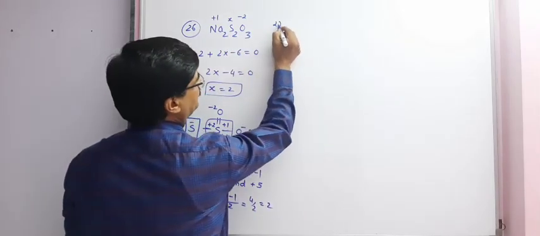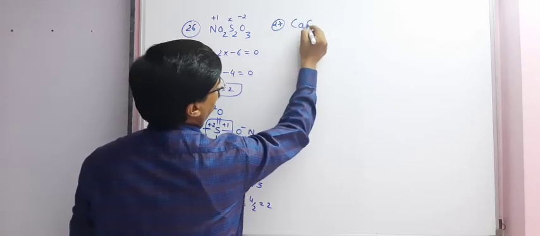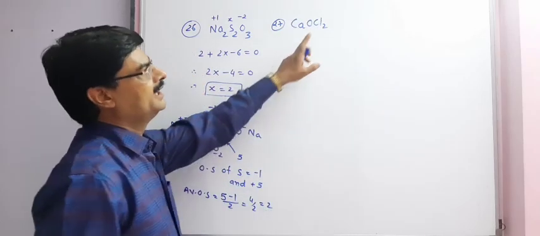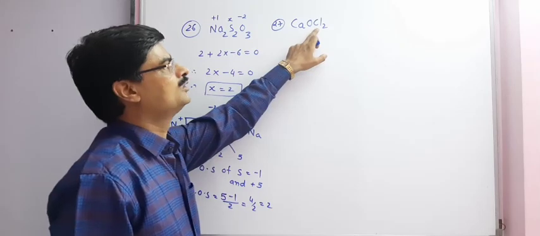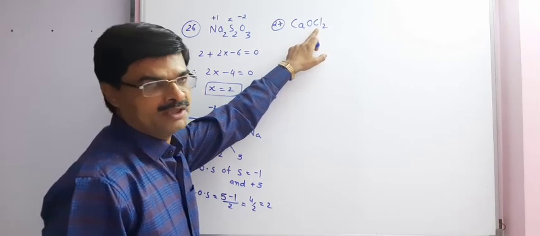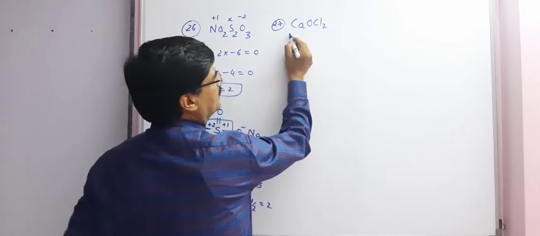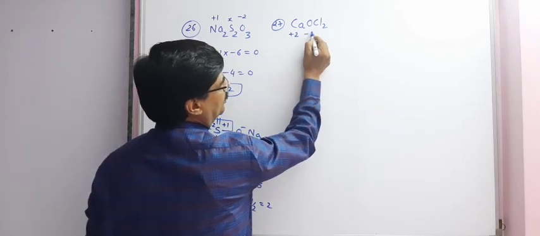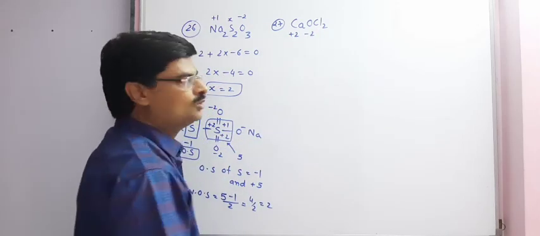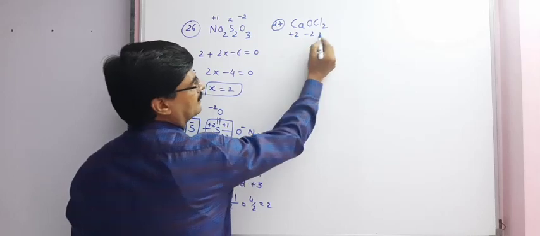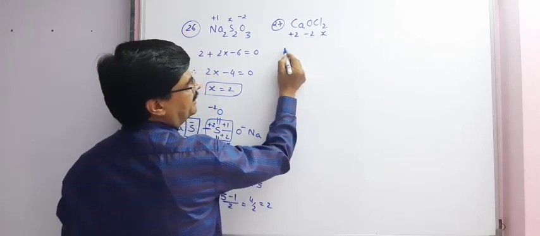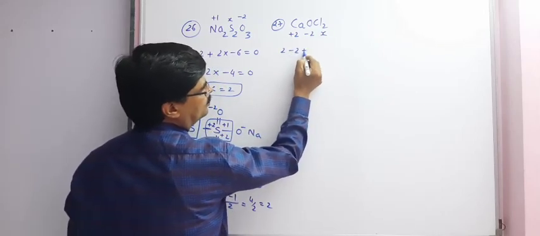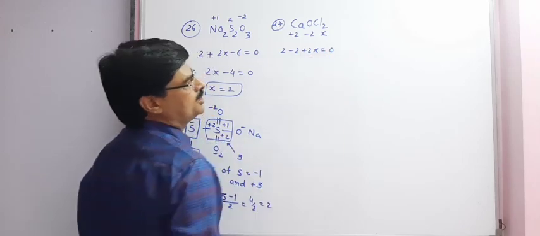Next case, CaOCl2, in which we have to find out the oxidation state of chlorine. By formula method, taking Ca as +2, oxygen as -2, what will be the answer? Say for chlorine X, 2 minus 2 plus 2x is equal to 0.